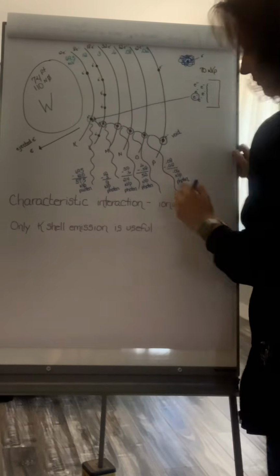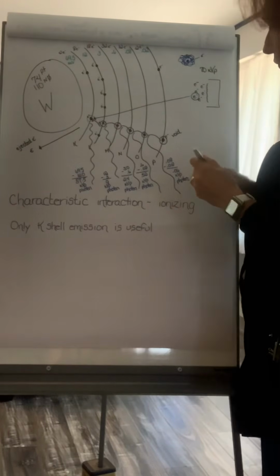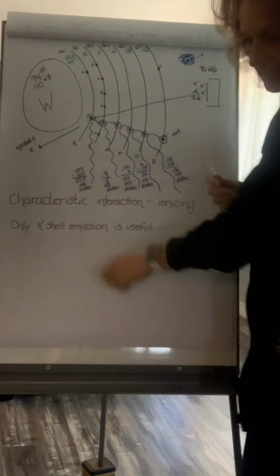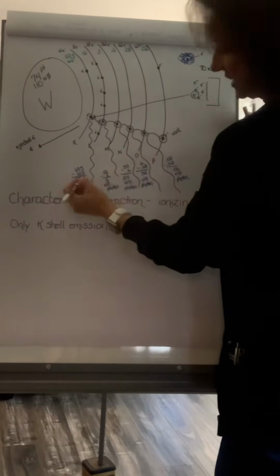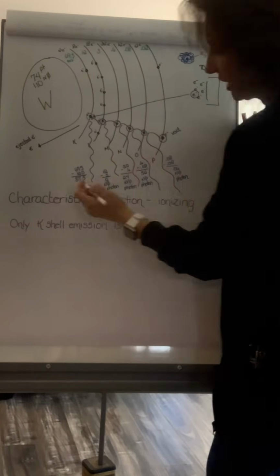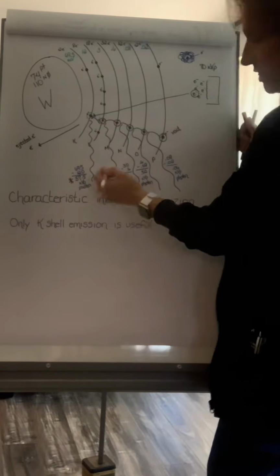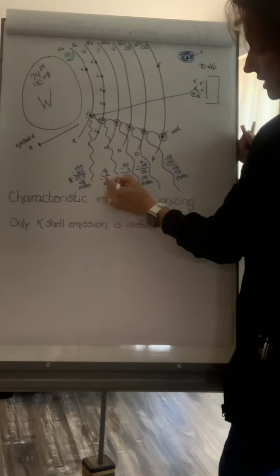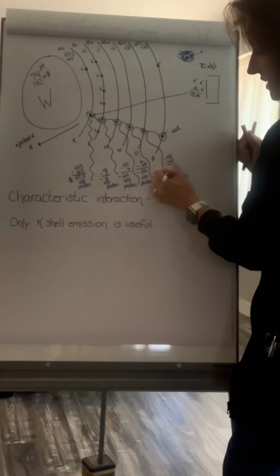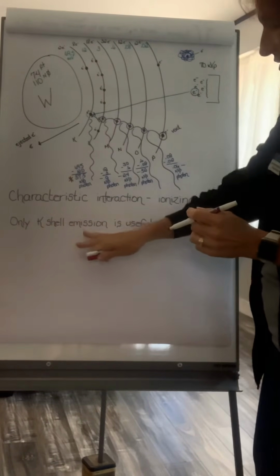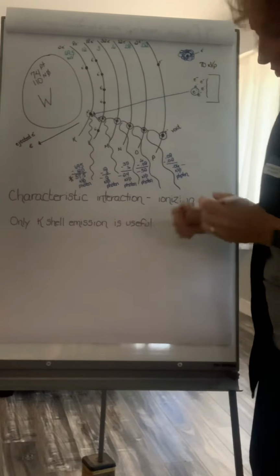Okay, now, if we were set at 70 kVp, this one is likely to be useful to us, correct? Because if we're at 70 and the beam is polyenergetic, this one will likely be used. This one and the rest of them, not likely to be used. Why? Because only the K shell emission is useful.